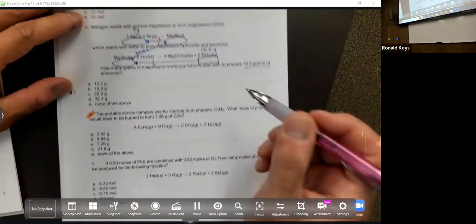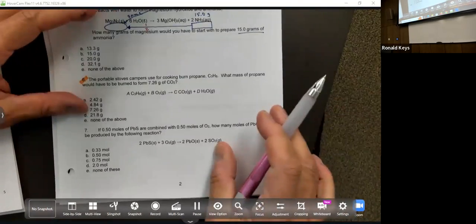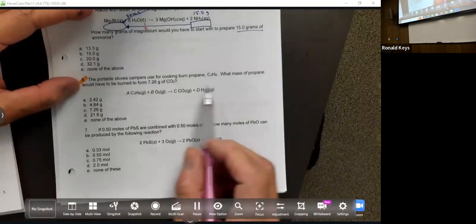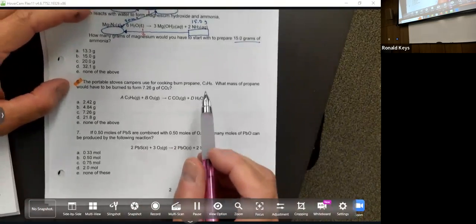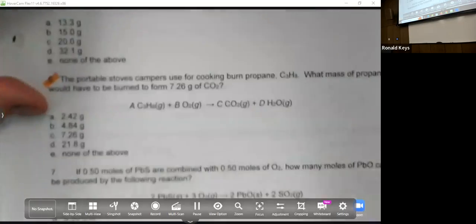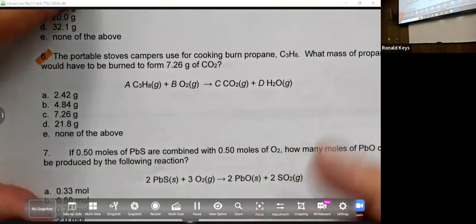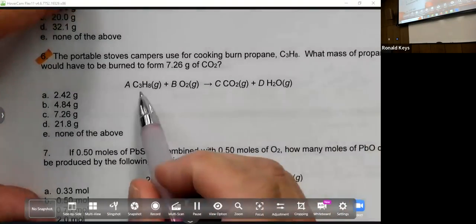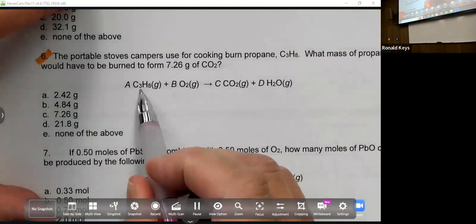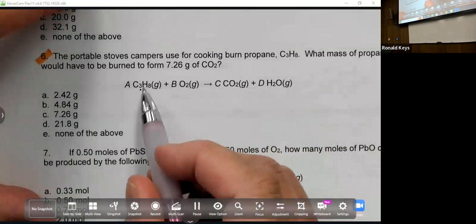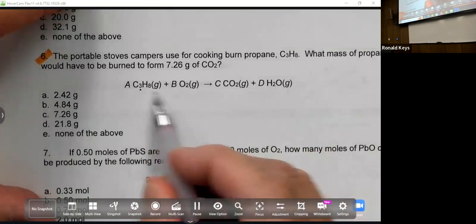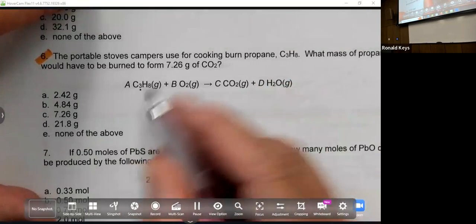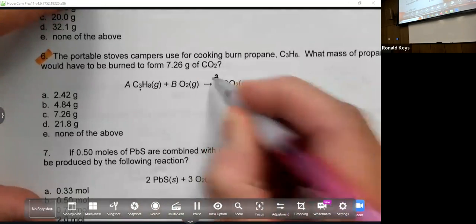For 6 up here, we have to balance this first. And let's see what we got here. Question 6. So if we balance this, you should do hydrogen and oxygen last. So you should do carbon here, and there are 3 carbons here.